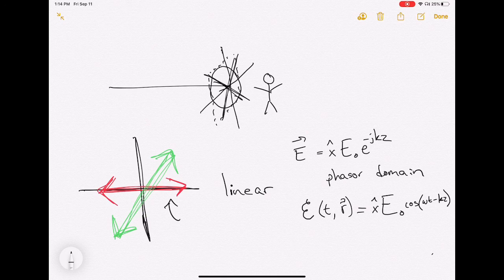So as time, which appears inside this cosine, is varying, the sign of this amplitude factor E naught is going to flip from positive to negative to positive to negative, which is why this vector changes direction.